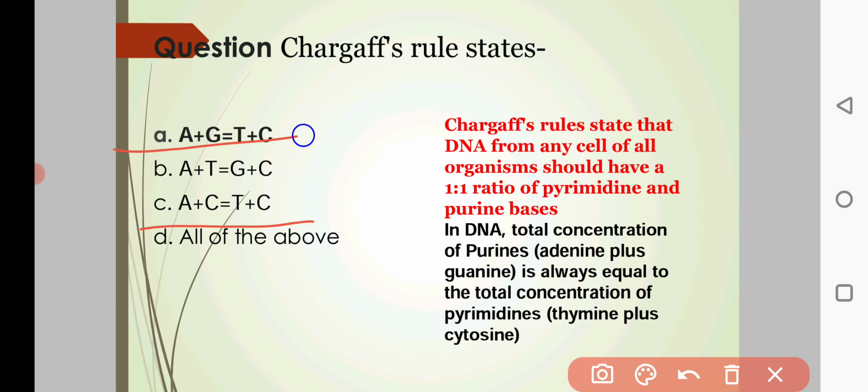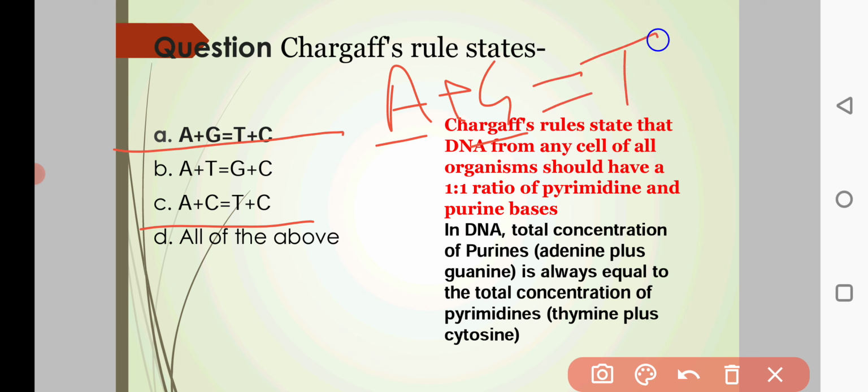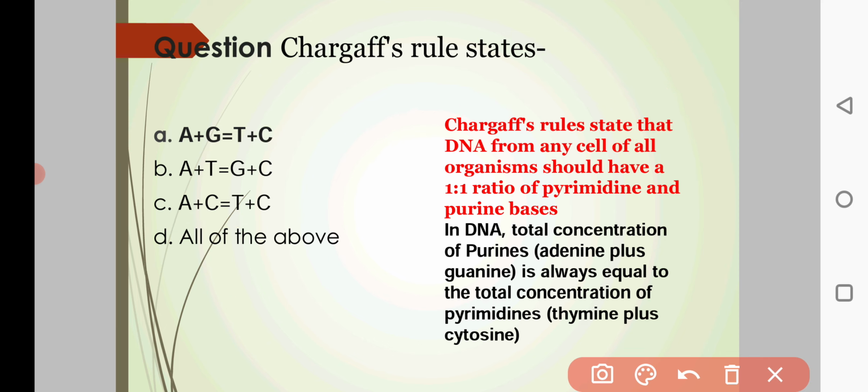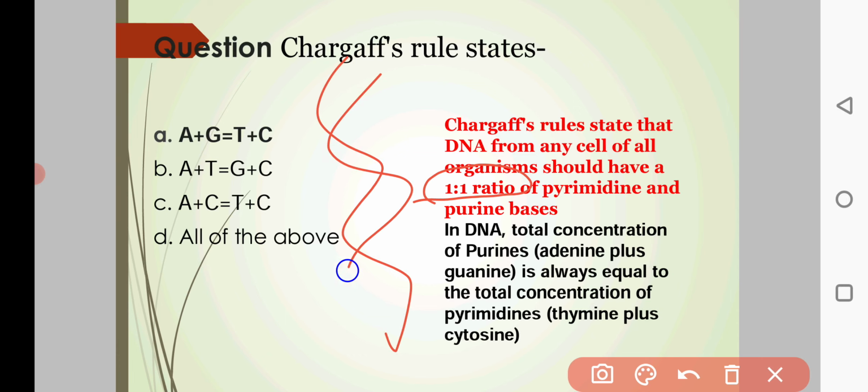So the correct option is purines will always be equal to pyrimidines. Adenine and guanine both are purines, and they will always be equal to thymine plus cytosine. Means all the purines and pyrimidines will be present in 1:1 ratio in the double stranded structure of DNA.